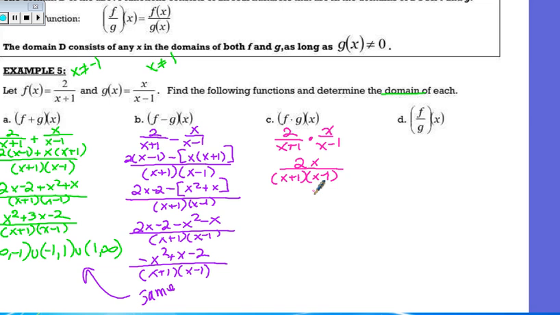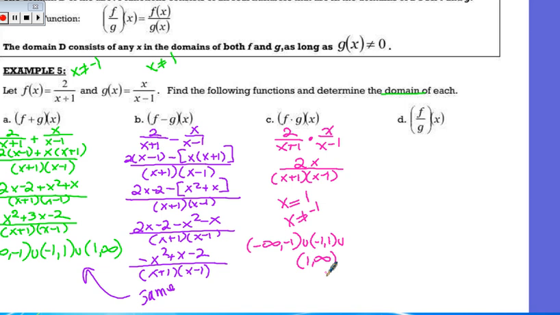There's nothing else that will simplify. Again, looking at domain, I've not added anything new to this domain here, so it's still x cannot be 1 and x cannot be negative 1. And again, giving us that same domain of negative infinity to negative 1, union with negative 1 to 1, picking up again with 1 to infinity.